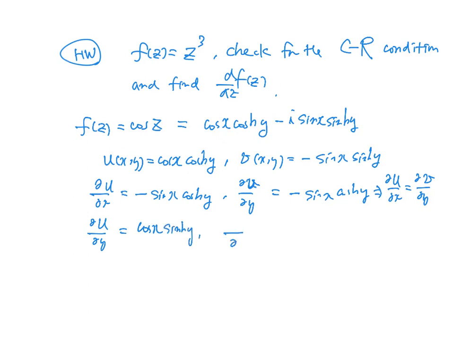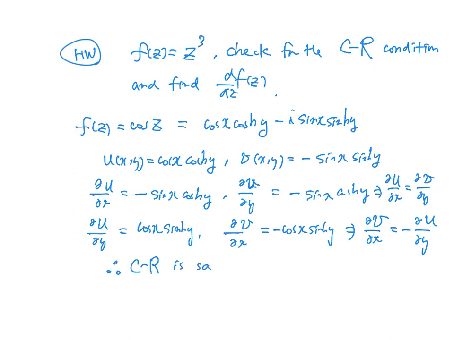And partial v partial x is minus cosine x sine hyperbolic y. So again, partial v partial x is minus partial u partial y. So they satisfy the Cauchy-Riemann condition, right? So we can say that CR is satisfied.